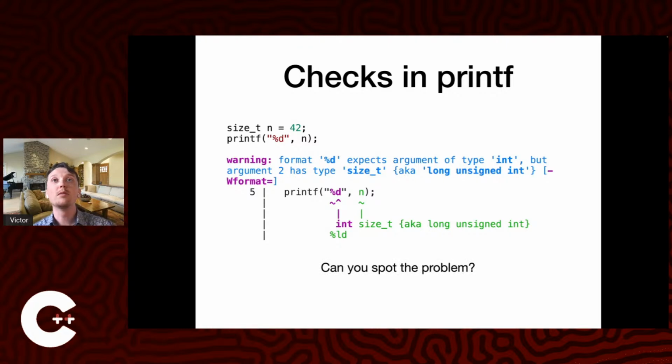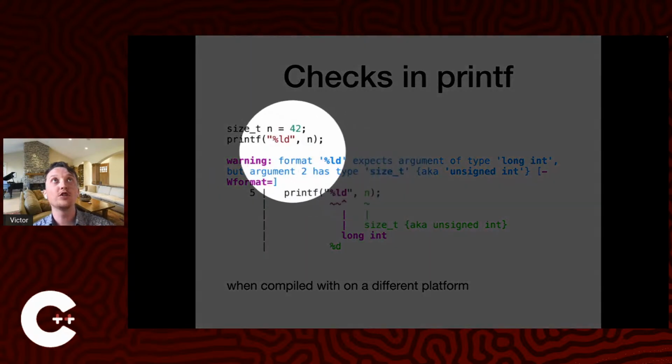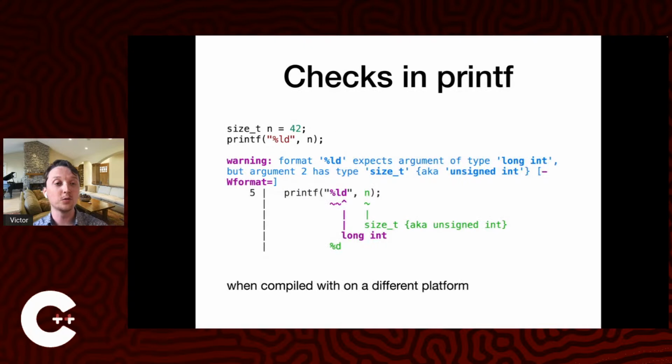So can you spot the problem in this slide? The problem is that if you compile on a different platform, say a 32-bit platform, with the change previously proposed, changing to %ld, you'll get the reverse warning, the opposite of what we had before.